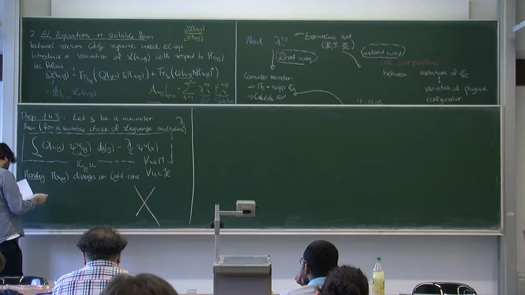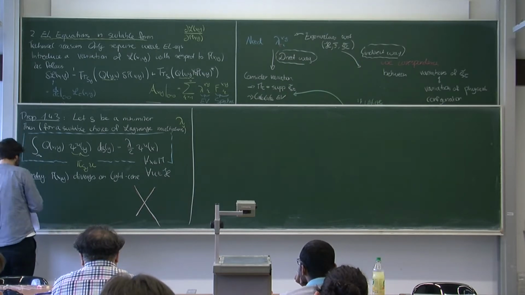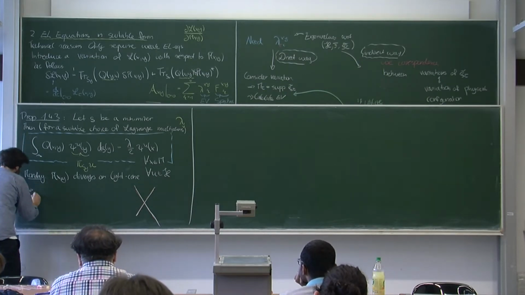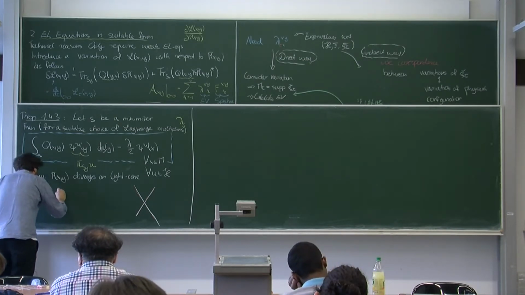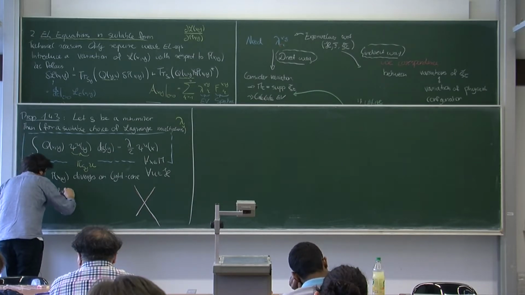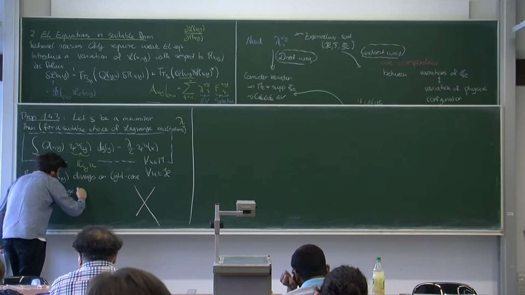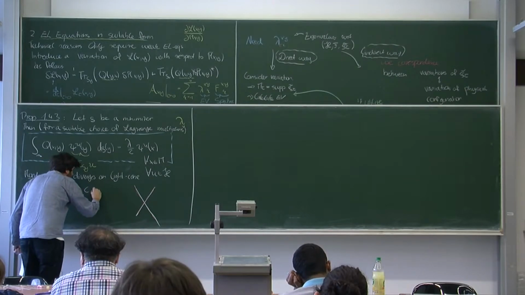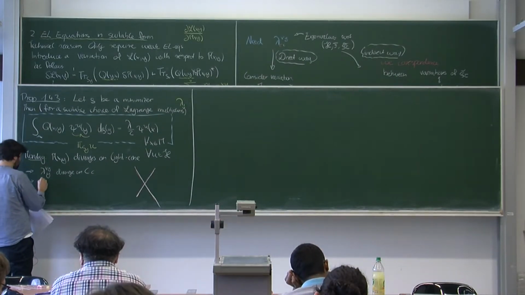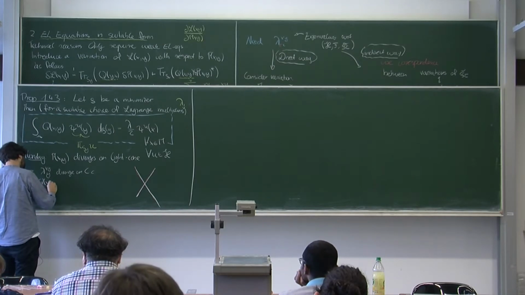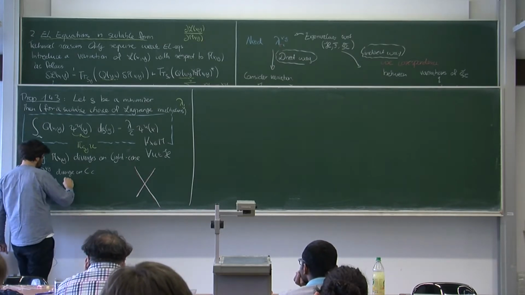And from this it follows that also lambda of x y diverges on the light cone. LC is the light cone. And from this it follows that also Q of x y diverges on the light cone.